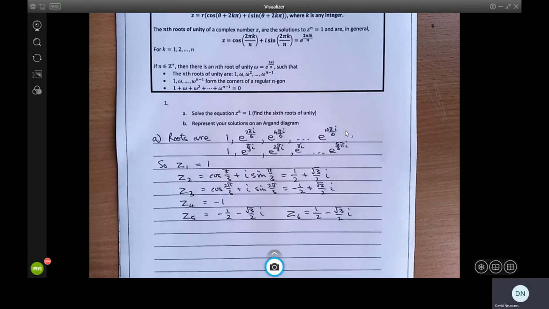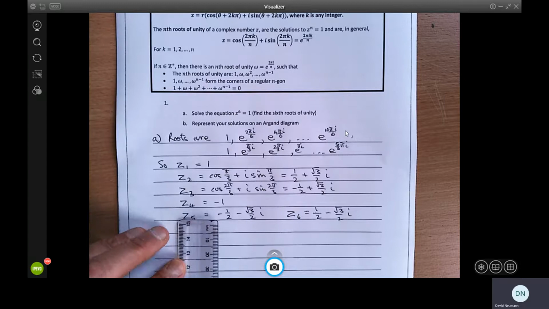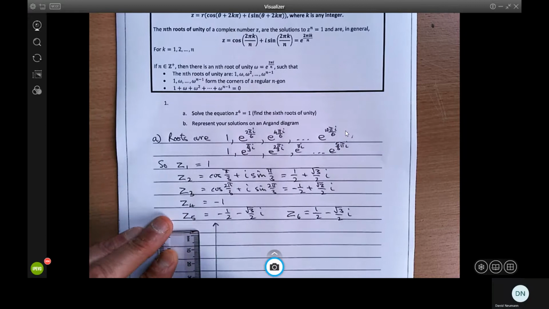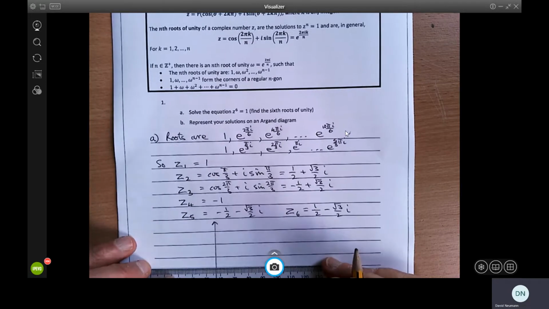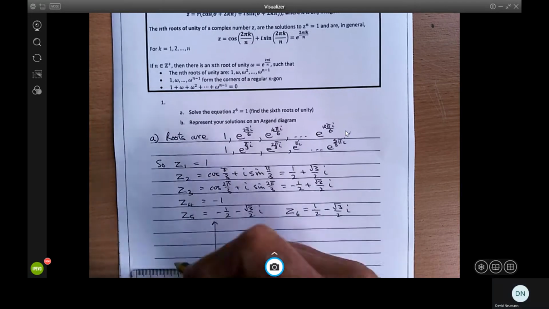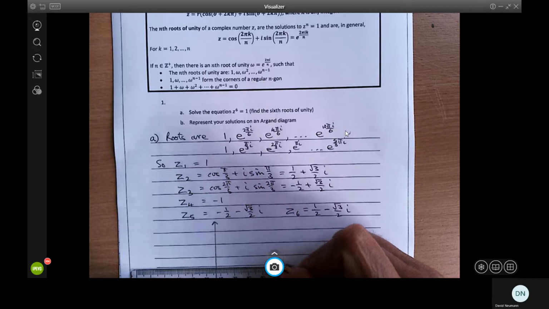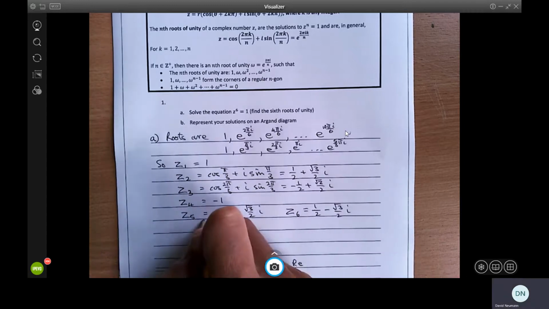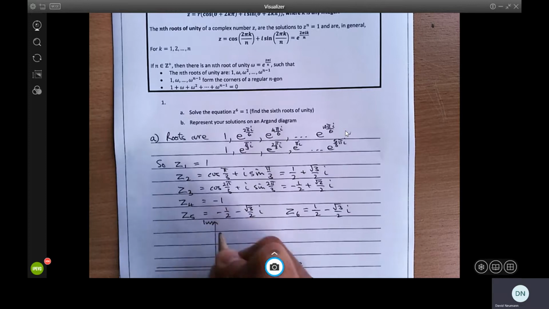And then we're asked to sketch these on an Argand diagram. So I'm going to do that here. We're going to draw our imaginary and real axes. And then on here, we're going to put the roots.